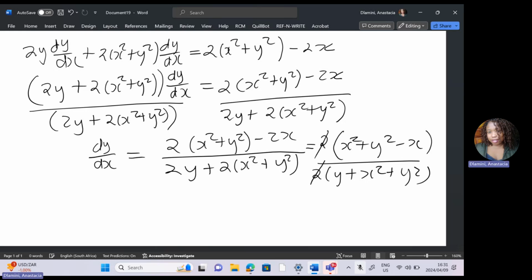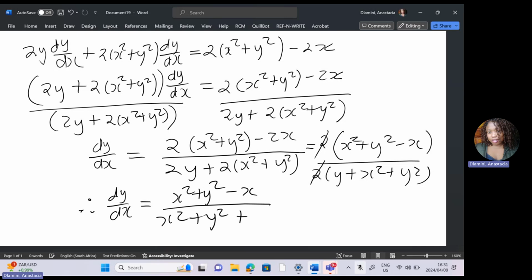So this 2 forms a 1. So therefore, your dy over dx is equal to x squared plus y squared minus x, over x squared plus y squared plus y. So that's the first part.